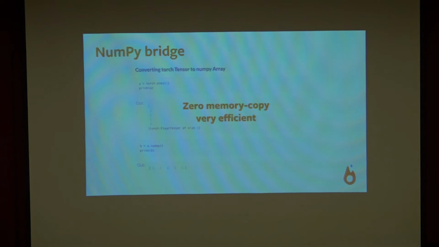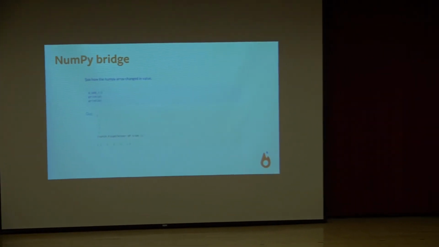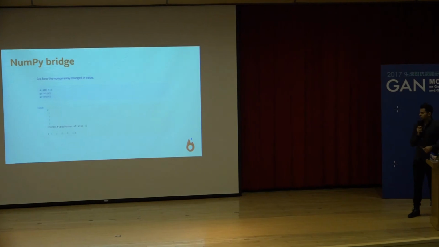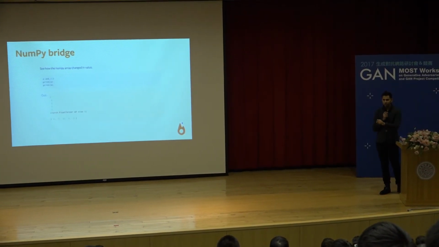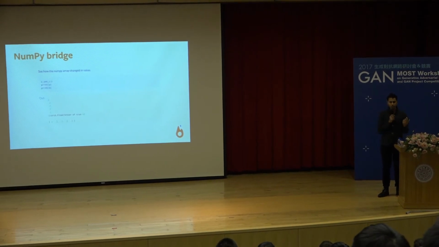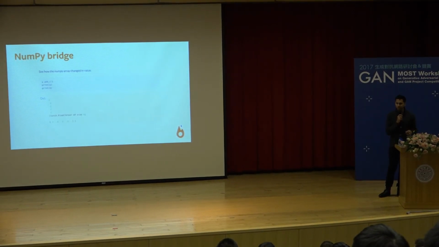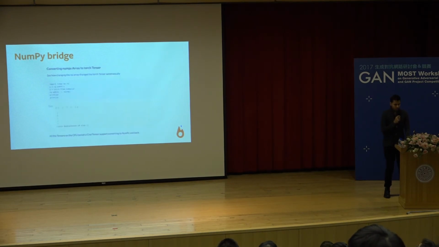And the additional advantage is if you actually change the PyTorch tensor, then the NumPy array is also changed, and vice versa, because they're basically sharing the memory internally. So similarly, you can do the other way as well. You can take a NumPy array and you can convert it to a PyTorch tensor. Again, it's a fairly cheap, almost free operation.